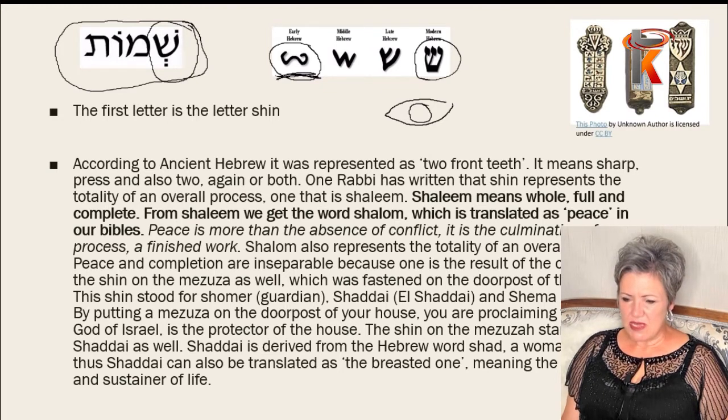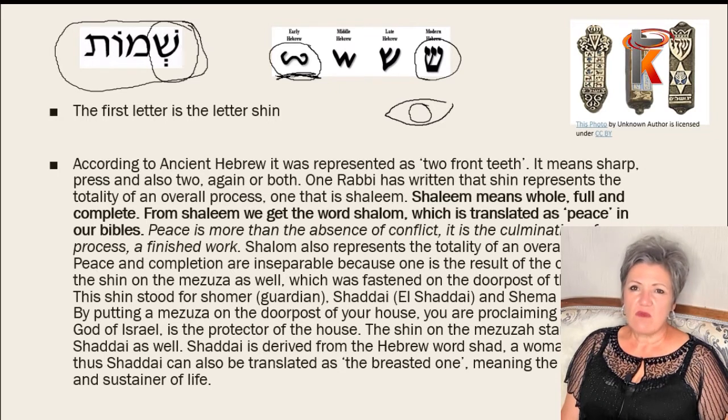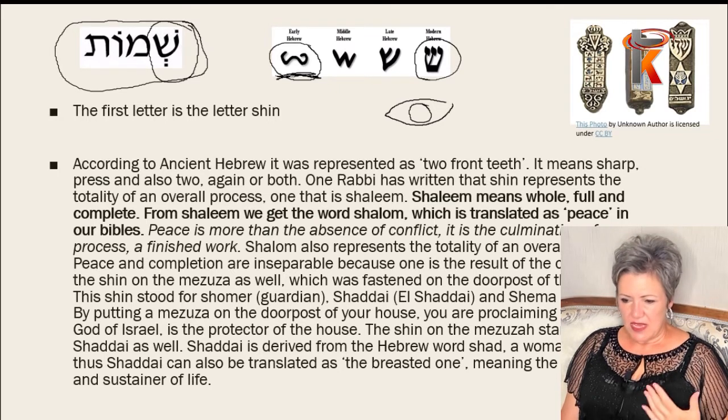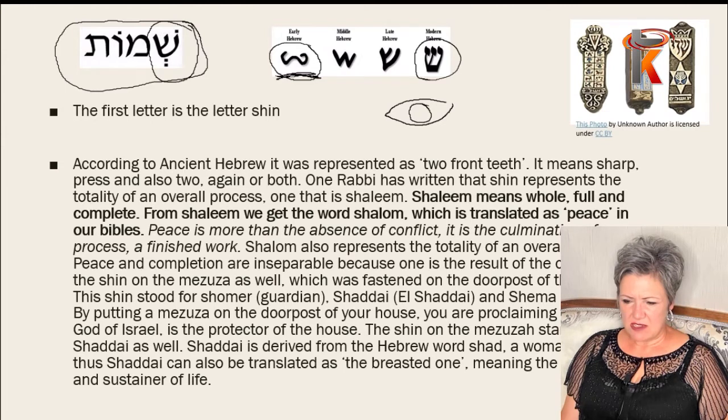Now, shalim means whole, full, and complete. That is where we get our word shalom from, to mean whole, full, and complete. And shalom is translated as peace in our Bibles.